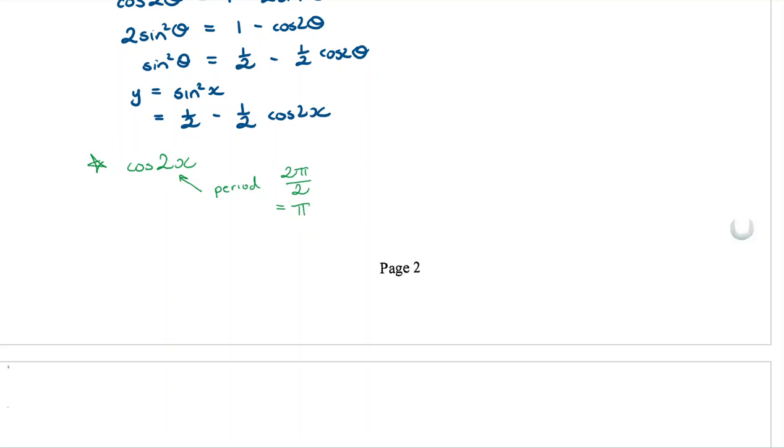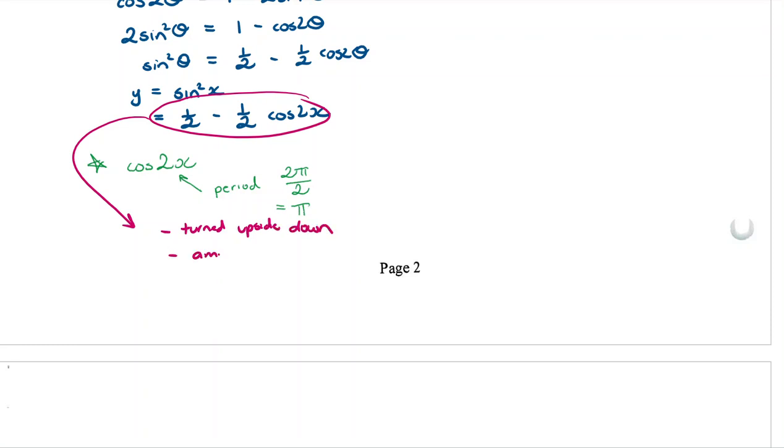Now, what else has happened to this form of my equation here? What does the half in front do? Well, it's actually a negative a half. It's going to change the amplitude to be a half, and the negative is going to be turning it upside down.